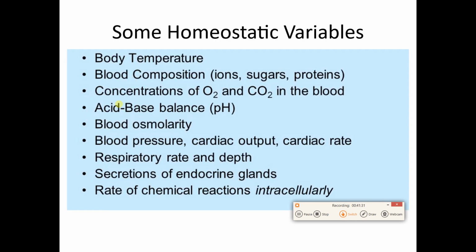Body temperature, the composition of your blood, like your levels of sodium, potassium, glucose, concentration of gases in your blood, pH in your blood and your body fluids, the osmolarity of your blood, the pressure of your blood, the output of your heart, your heart rate, your respiratory rate, the rate that hormones are being produced, the rate that chemical reactions are proceeding.